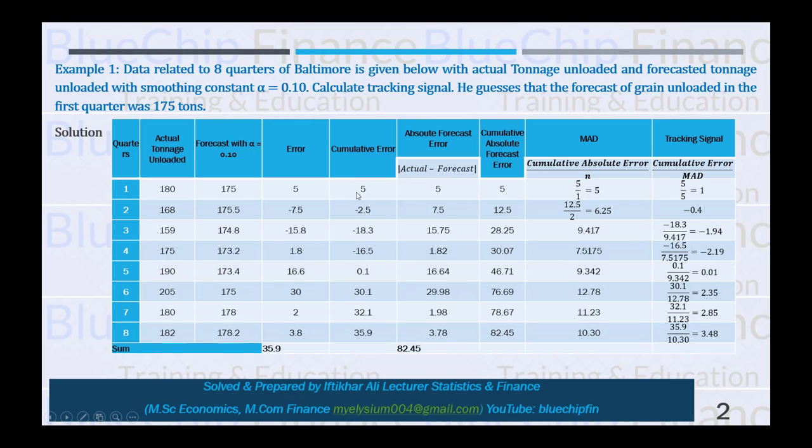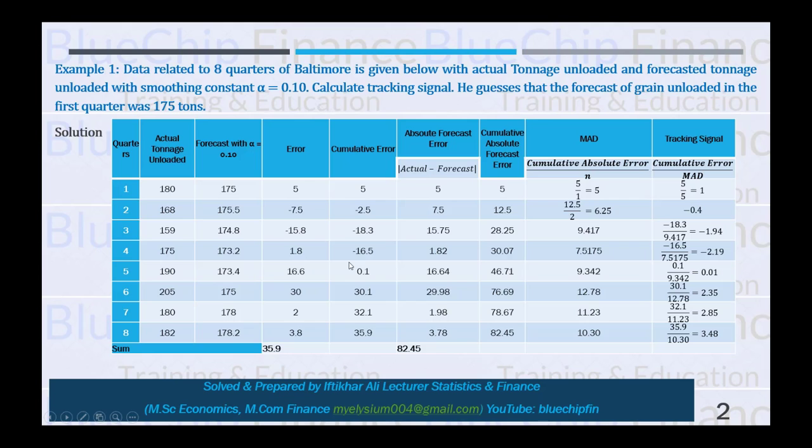Just take the first value of error here, 5, and 5 plus minus 7.5 equals minus 2.5, minus 2.5 plus minus 15.8 equals minus 18.3, minus 18.3 plus 1.8 equals minus 16.5, and in the same way you can calculate the rest of the values.